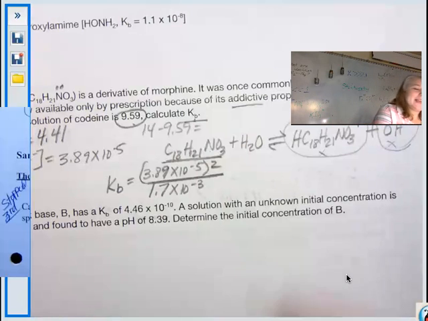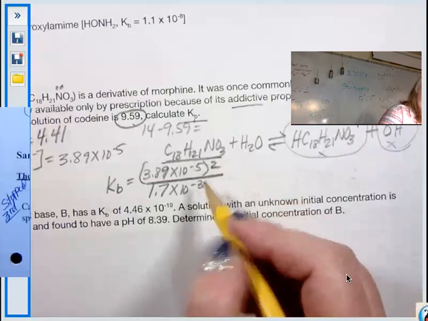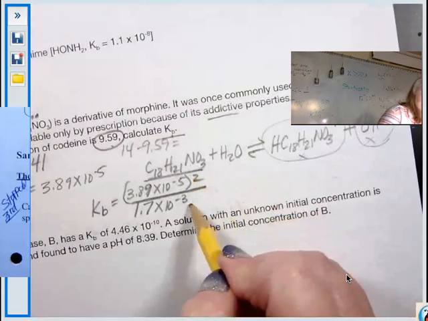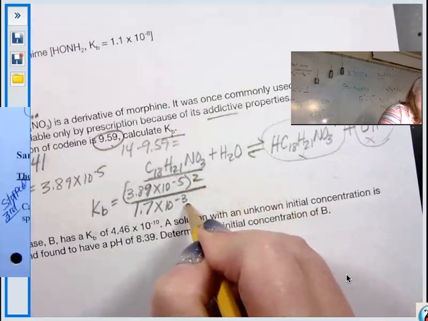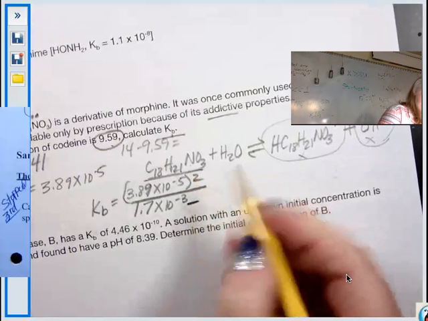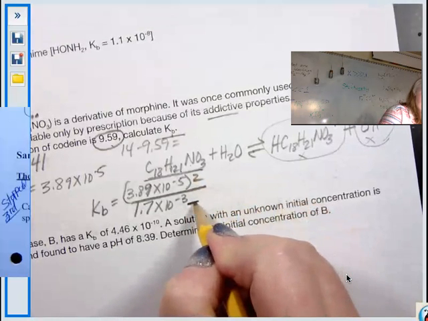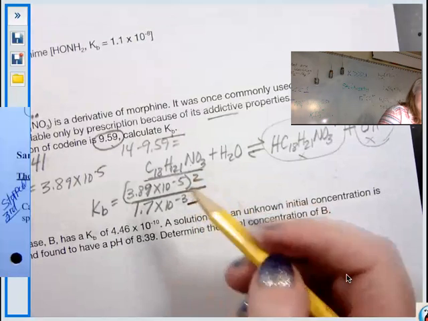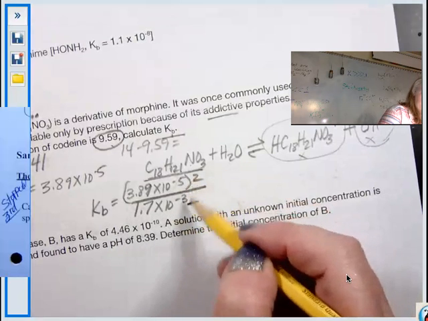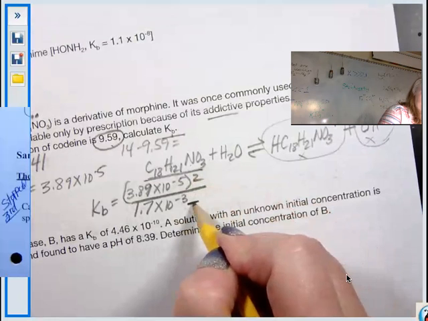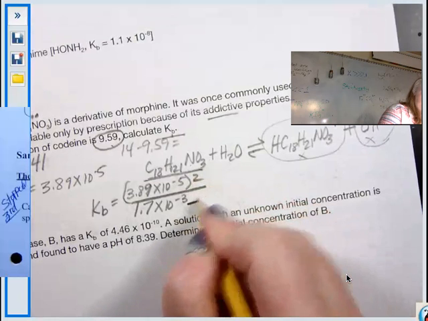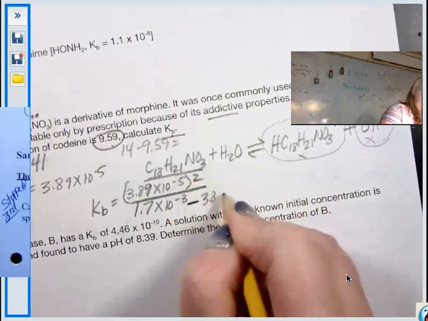All right, guys. Before we do this, let's talk about this real quick. Would we not need to subtract X for that bottom number? Because we're trying to find the equilibrium constant. So this bottom number needs to be that number minus 3.89 times 10 to the negative fifth.